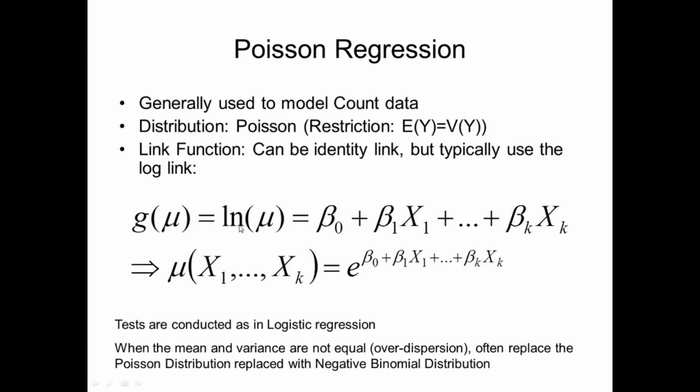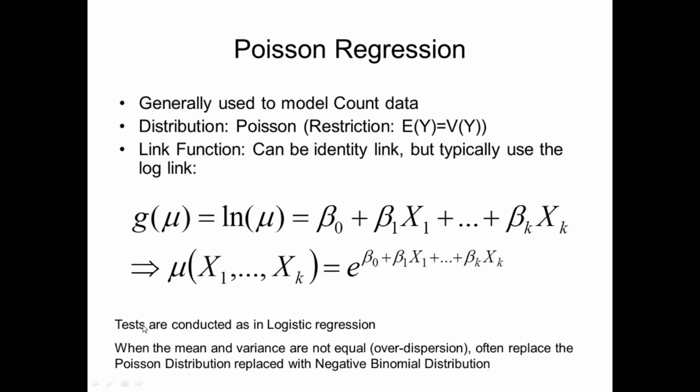When we use this link function, it means that the expression of our main variable is the exponential of the combination of different variables when we come back to our main variable.